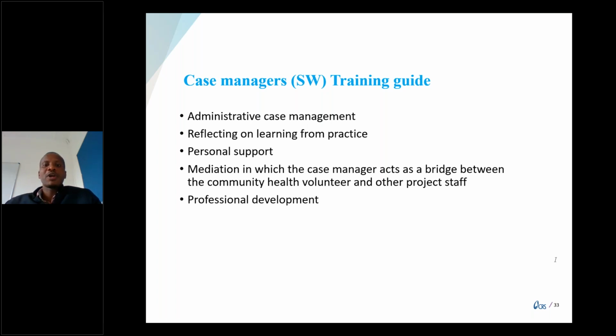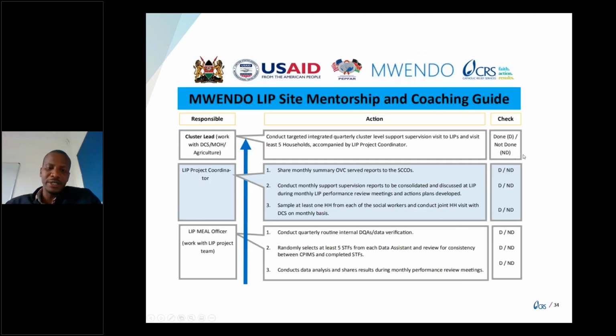Therefore, to ensure the quality of the work done by this team, it was important for the case managers to mediate and ensure there was work balance from all the other staff. And then professional development, ensuring that even the case workers can go up the ladder, becoming case managers themselves, or taking up some other role in the LIP.